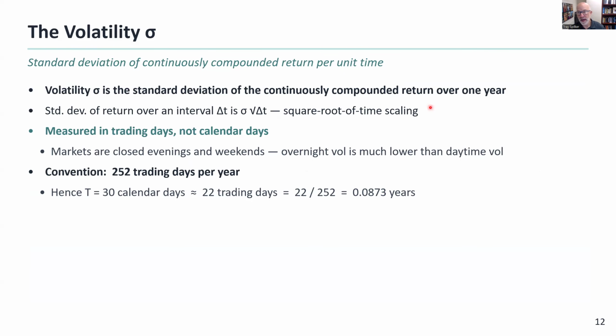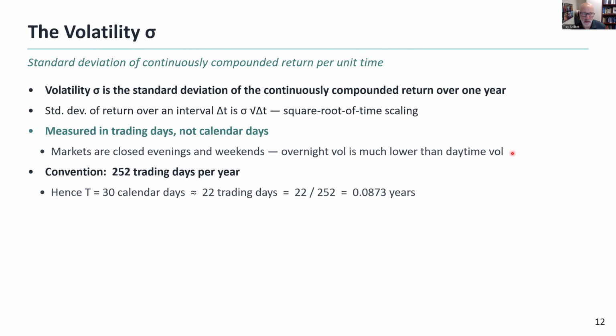Now, one thing to keep in mind is that this volatility measure is measured in trading days, not necessarily calendar days, because markets, of course, don't trade continuously. They close on the weekends or on evenings, and overnight volatility is much lower than daytime volatility because there's not much trading in most of these markets.